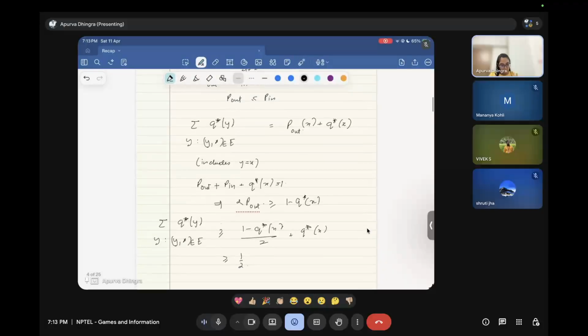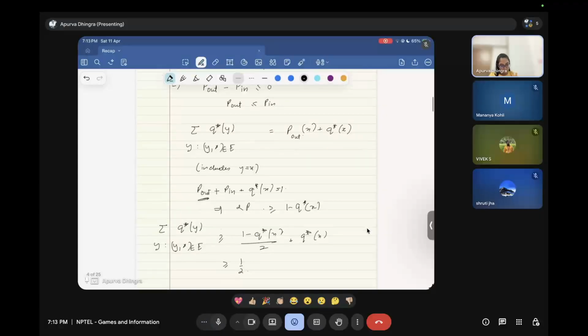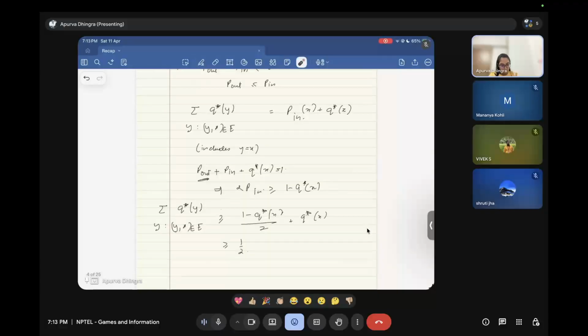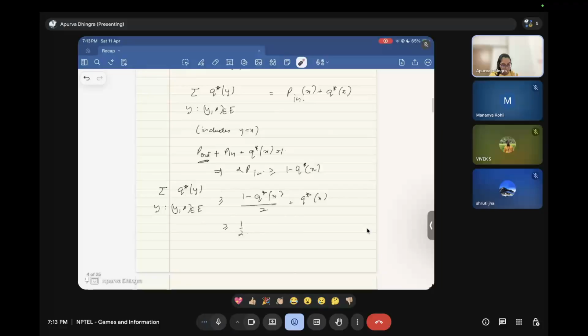That means if we replace P out by P in, this becomes P in, and we can say that this object is equal to this quantity and q star, and that ultimately means that we have some q star x value, some probability of being in that state x, but whatever that is going to be greater than or equal to 0, meaning this object is greater than or equal to half.